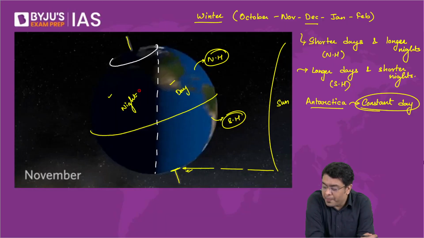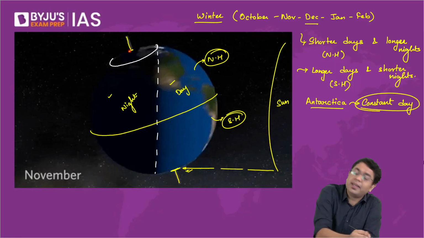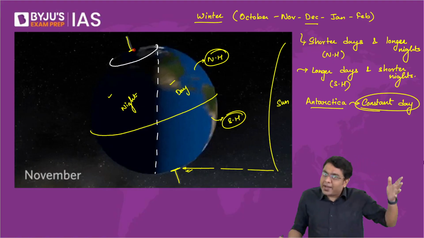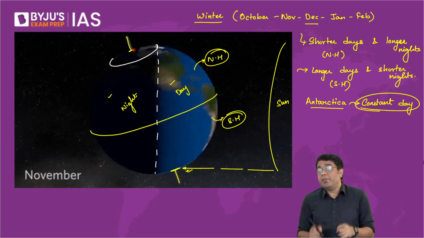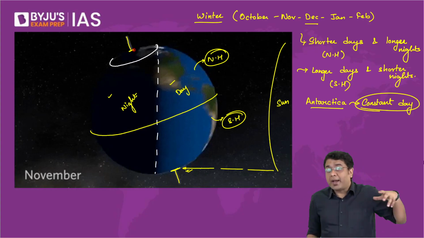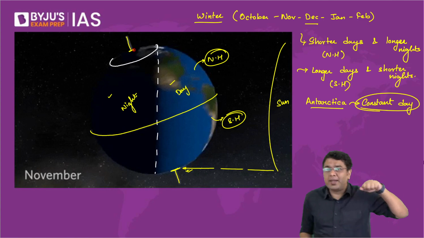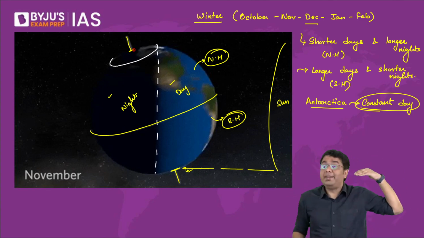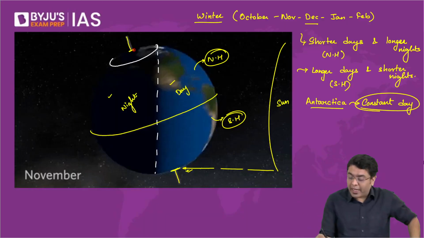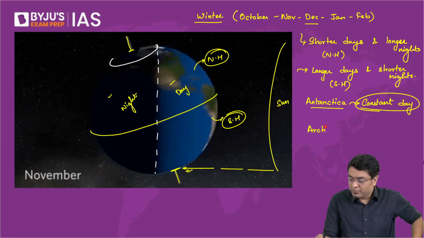Very good. It will have consistent night time, because observe the region of the Arctic. It is on the darker portion of the circle of illumination. That is why during these months, the region of the Arctic and the land very close to the Arctic, they experience continued night time. So in the region of the Arctic, continued night.